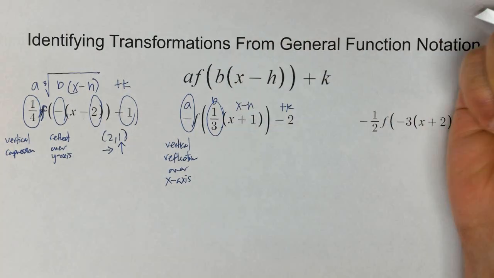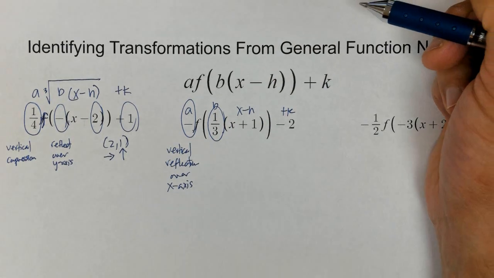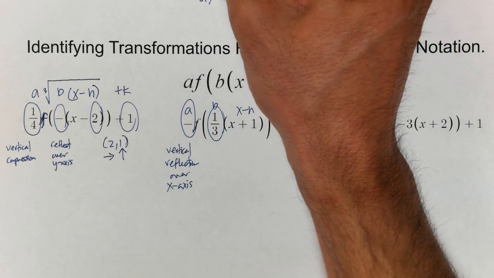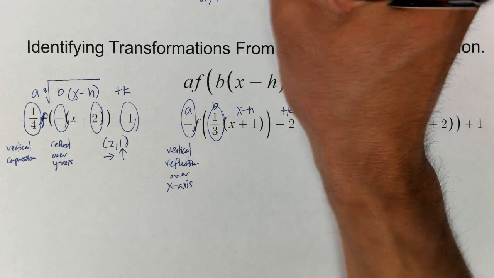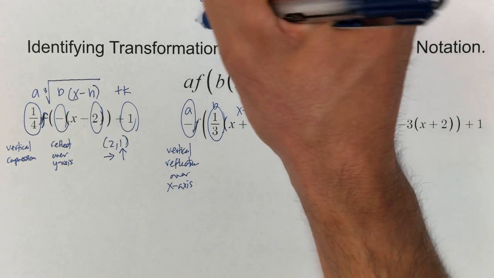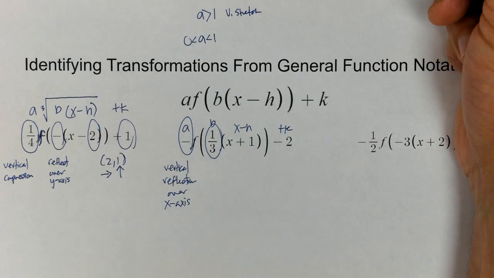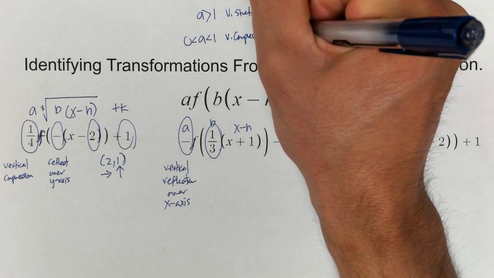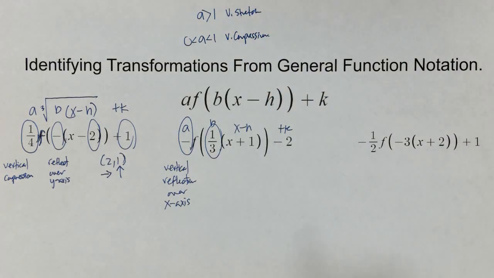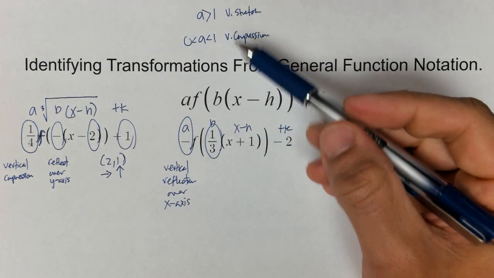B is 1/3. Now, how do I remember the effects of b? I think about a. I know that when a is greater than 1, this is a vertical stretch. When a is between 0 and 1, those fractions like 1/5, 1/4, 1/3, 1/2, this is a vertical compression. Well, b, the horizontal changes, are always inversely related.